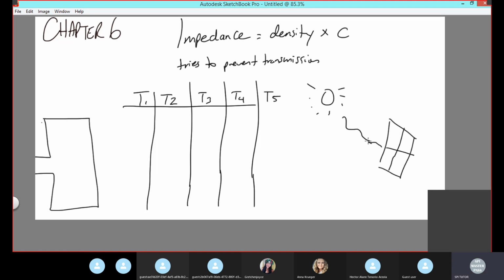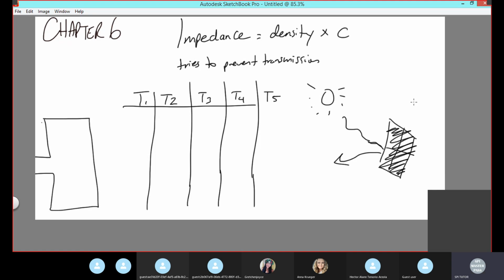And then if this sunlight hits your window and goes through, that is transmission. It went through. All right, and then what is the purpose of blackout curtains? The purpose of blackout curtains is to prevent transmission, to reflect all of that back or to absorb it. But the whole point is it's not supposed to let light into your room. It's preventing transmission. Okay, that is what impedance is.